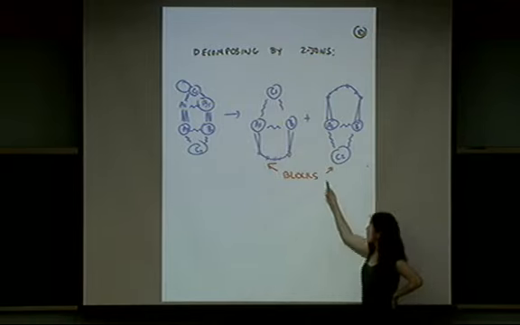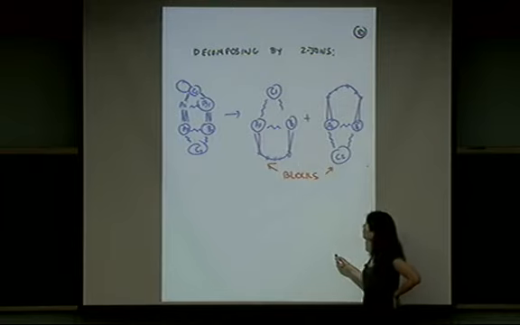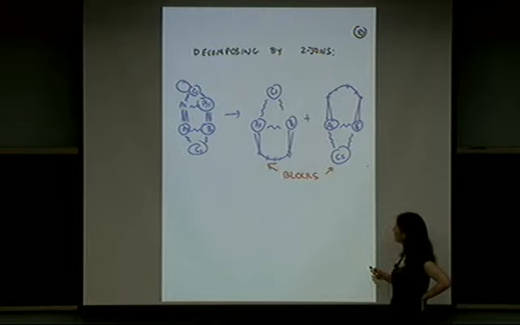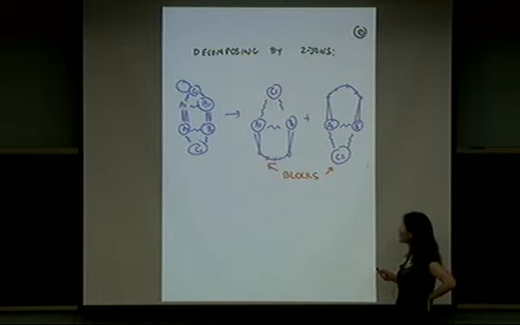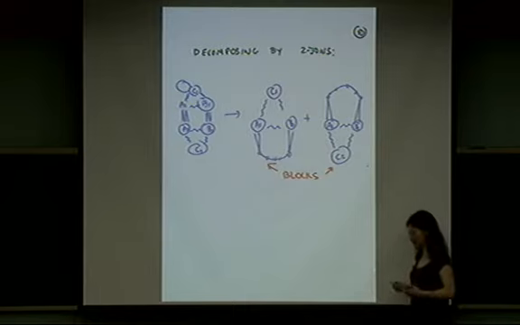So I'll take the part that corresponds to A1, B1, C1, and then I'll add a vertex complete to A1, a vertex complete to B1, and a path between them, right? So this is sort of remembering a vertex from A2 and a vertex from B2. And the length of the path corresponds to the parity of the two-join.